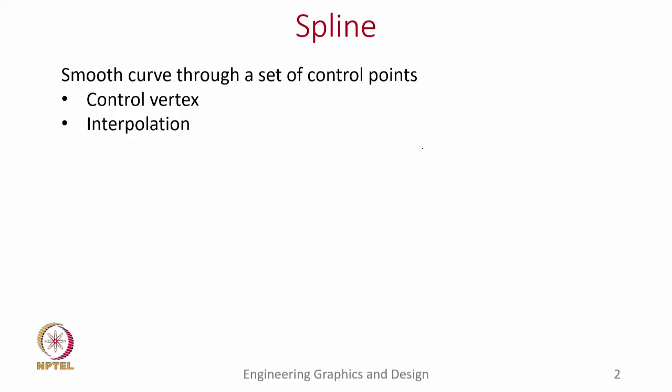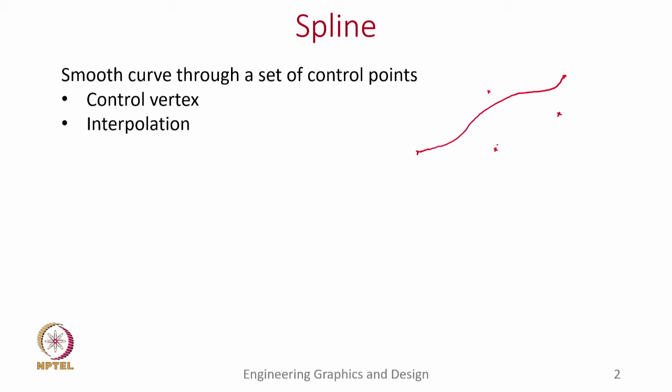Essentially the difference is this. In the first, control vertex method, you first specify the control points, which we also call control vertices. Depending on these points we get a smooth curve which starts from the first point and ends at the last point. So, it only meets the first and last control vertex, but the shape of the curve is decided by where you place the intermediate control vertices.